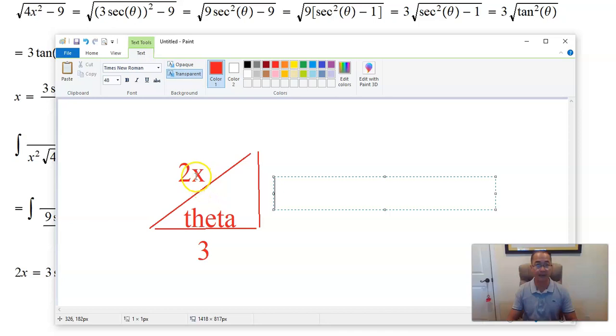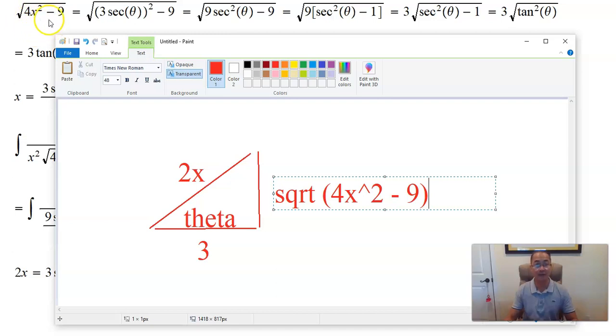So Pythagorean theorem, square root, I'm going to be lazy here: square the hypotenuse, so 4x squared, and then subtract adjacent squared, so that's minus 9. Okay, and I'm deliberately just putting Paint on top of our work so far because check it out. Haha.